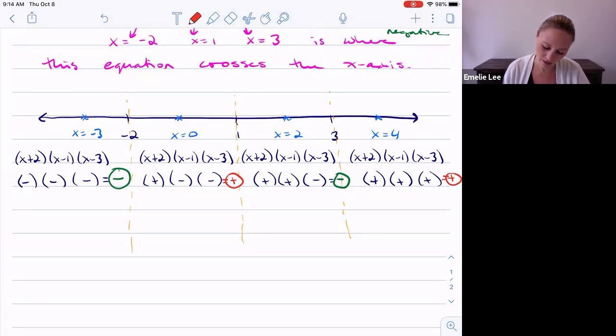Okay. From here, knowing when it's negative, positive, actually tells me a lot about the graph of this thing.